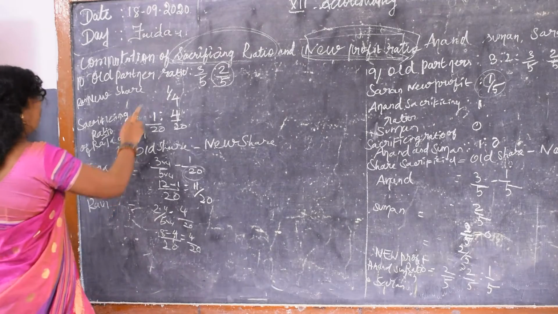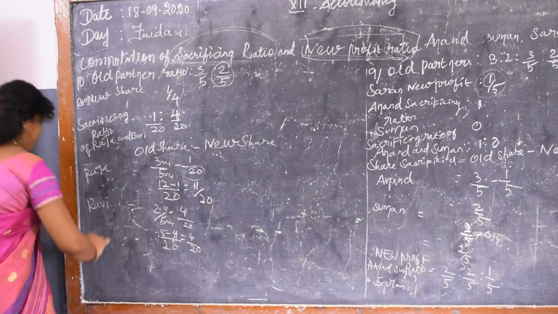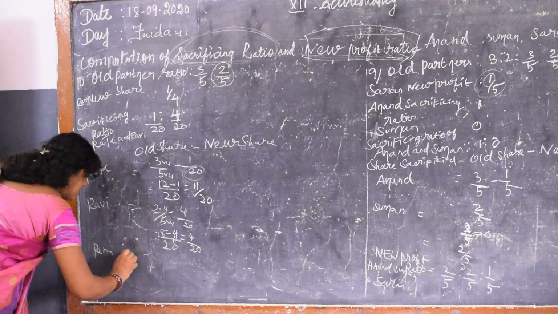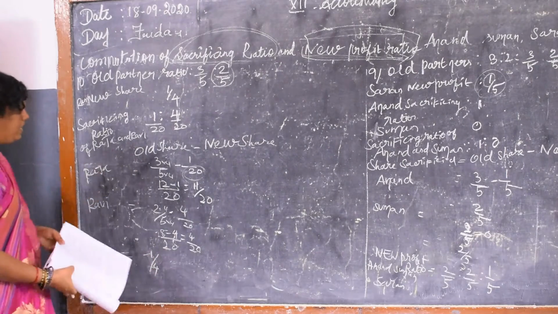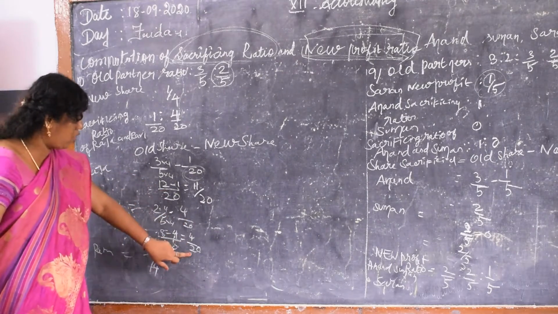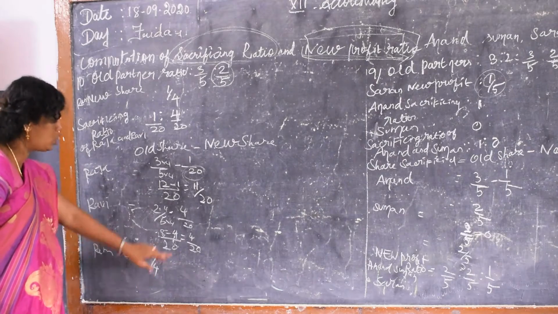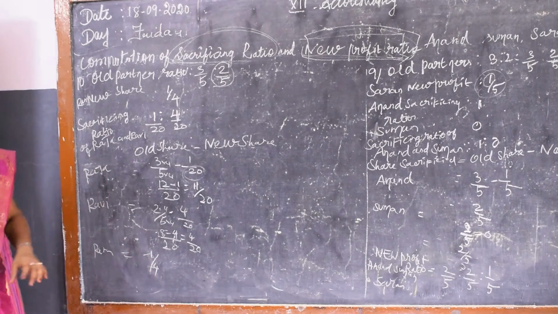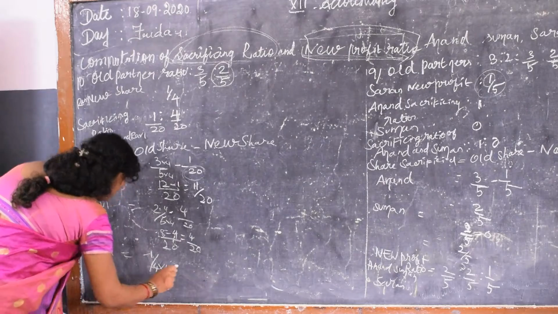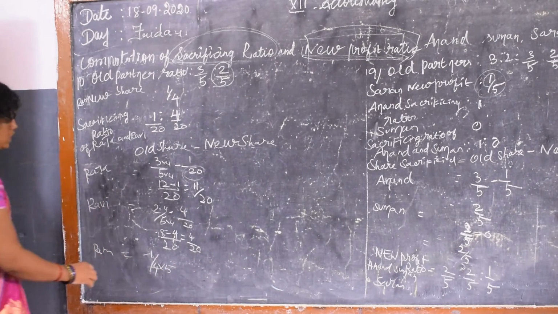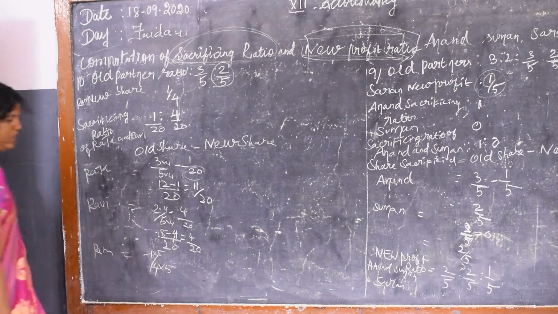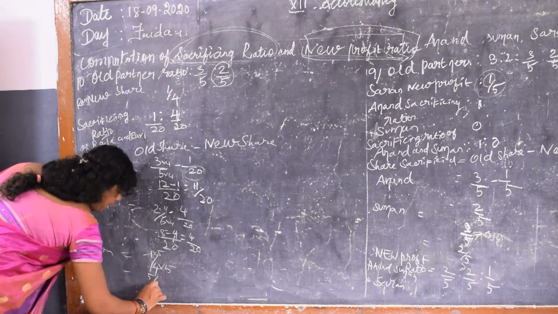For Ram, it is already given as 1 by 4. Check the denominators: here 20, here also 20, but here it is 4. To equalize the denominators, multiply by 5. If you multiply by 5 you get 20, and multiply the numerator also by 5, so you get 5 by 20.